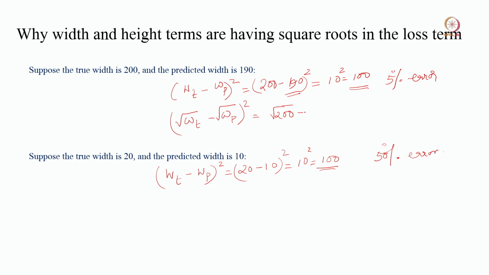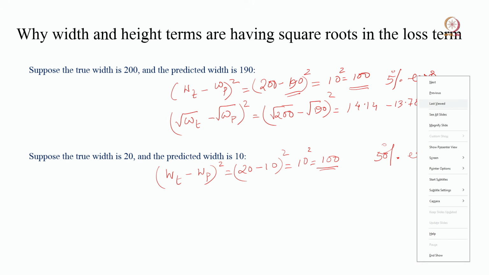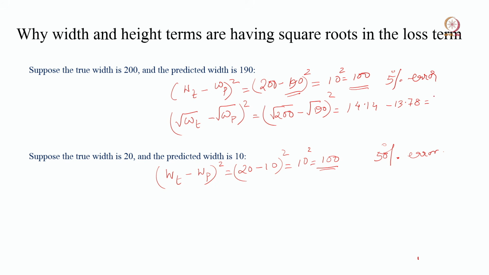Square root of 200 minus square root of 190, whole square, that is equal to 14.14 minus 13.78, which is equal to 0.36. So whatever it comes, we square that.